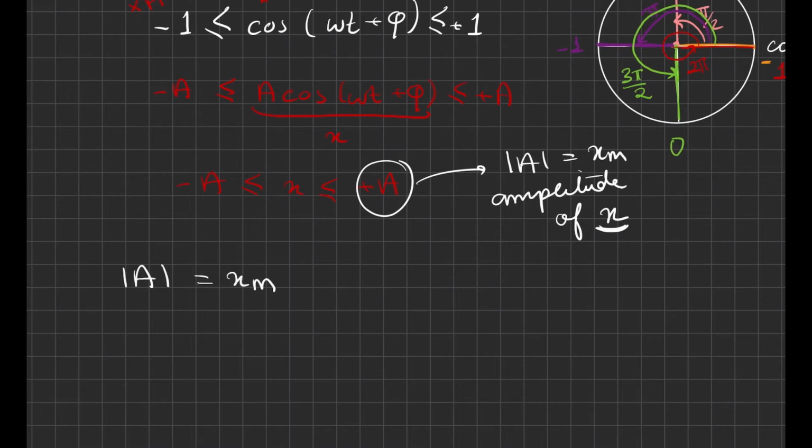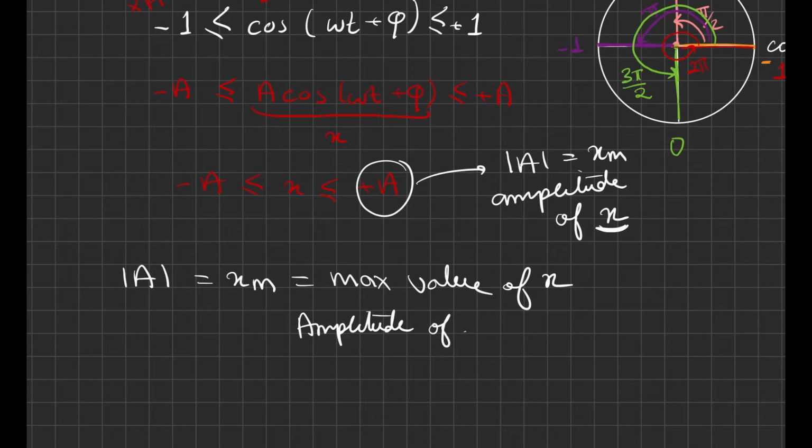So a, which equals xm, which is the maximum value of x, is the amplitude of the function x.